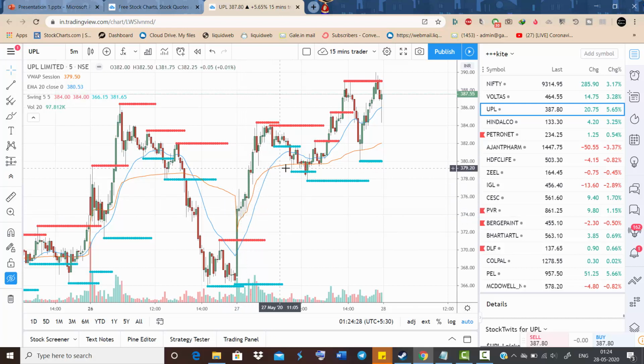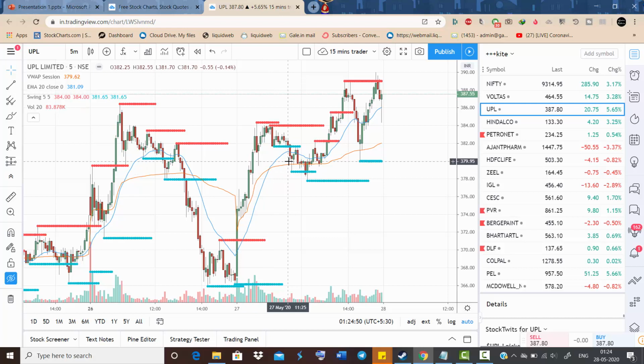Or hold until you find the VWAP. I've added the VWAP indicator, volume weighted average price. Early in the morning you should use volume weighted average price for up to 10 to 15 candles.